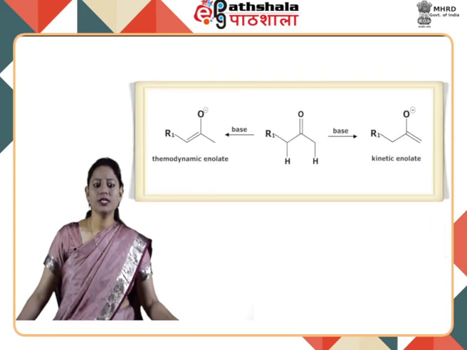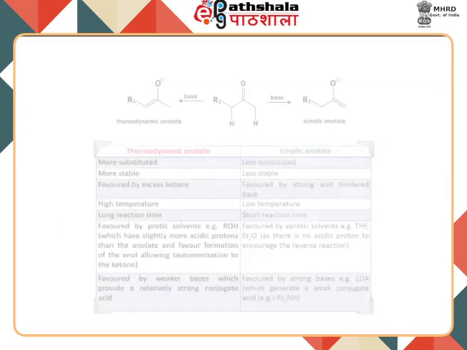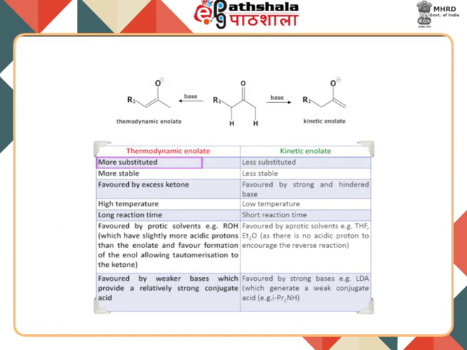The regioselective formation of enolates to give kinetic or thermodynamic product can be differentiated as shown here. Thermodynamic enolates are more substituted, whereas kinetic enolates are less substituted. A thermodynamic enolate is more stable, whereas a kinetic enolate is less stable.